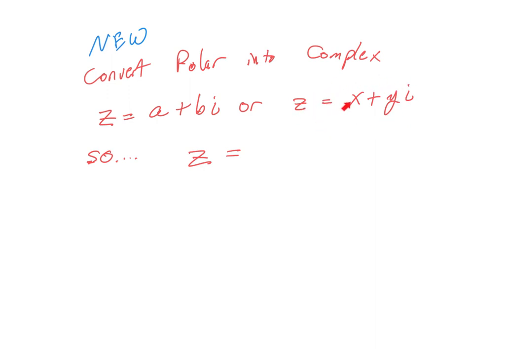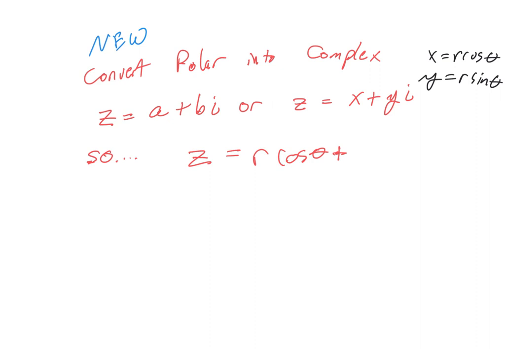But then we see x and we go, oh wait, I know x in polar. X in polar is r cosine theta, and y is r sine theta.